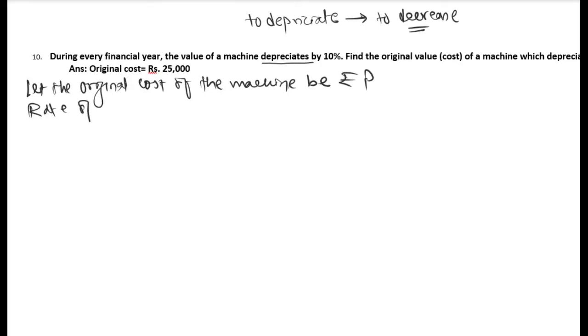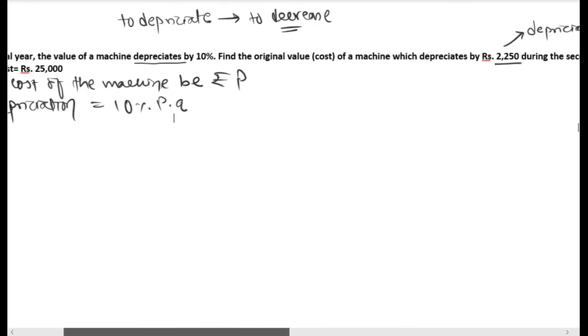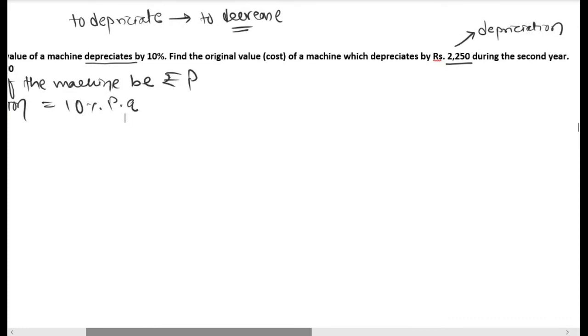Rate of depreciation will be 10% per annum. Okay, which is the rate, right? And what we have to find is, we have to find in terms of P the value of I2, that is interest during second year.